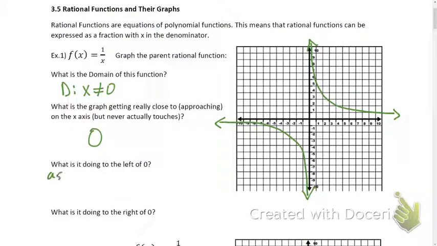As x approaches 0, and it says to the left, so we write a little negative sign above the 0 to symbolize left. So imagine I'm on that leftmost arrow, and I'm running across that green line. It's eventually going to drop straight down, right?